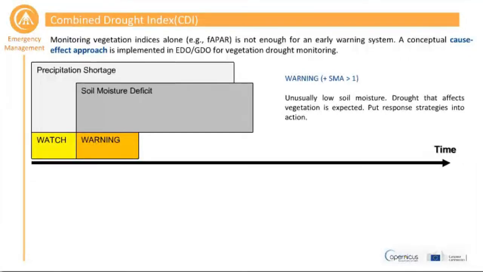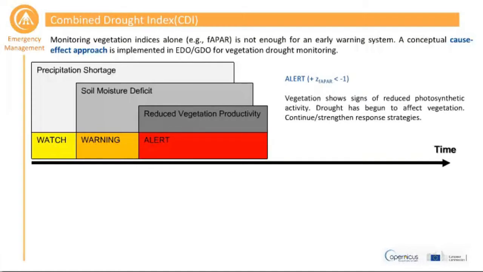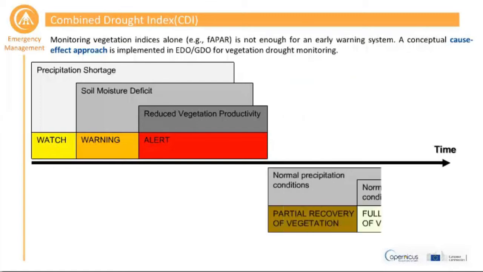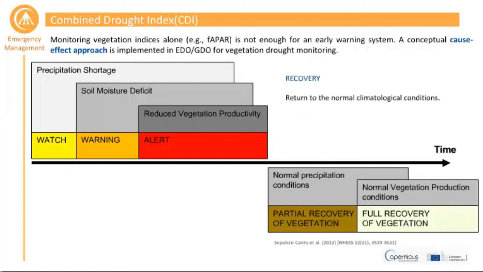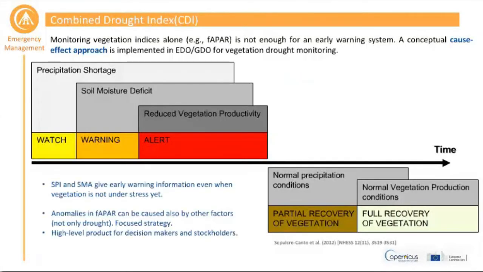Then, when this precipitation shortage overlaps with a soil moisture deficit, we release a warning status, which means that even if we cannot see yet a direct effect on the vegetation, we already see that there are signs that something can happen to the vegetation. And then as soon as we have also an anomalous condition on FAPAR, we release the alert, which means that the vegetation is already impacted by the drought. And then we have some other classes related to the recovery, that follow the end of the drought and how the plants recover to the normal condition.